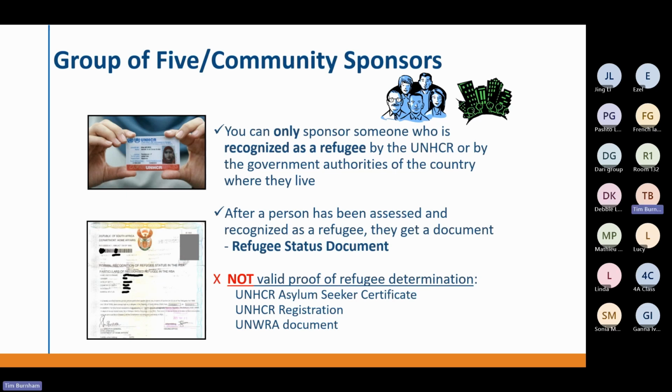After a person has been recognized as a refugee, they receive a refugee status document, and that's a very important document. Sometimes refugees have other documents, like a UN asylum seeker certificate or UN registration or UNRWA document, but these are not the same as a refugee status document.